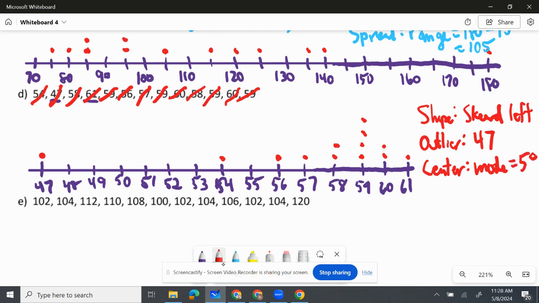This one's easy to see. And then what we have is our spread. And once again, what we're doing is we're using our range. And that would be 61 minus 47. And that answer would be 14.